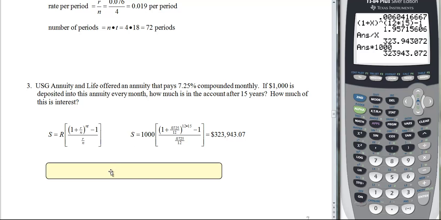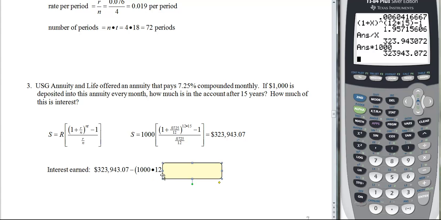We really have to figure out, and this is the reason for this question, how much of this is interest? Well, we've got to figure out how much did we pay in all. So first thing, interest earned. So now that's what it grew to, and I've got to subtract out how much we paid in. Now check this out. 1,000, but how many times did we do that 1,000?